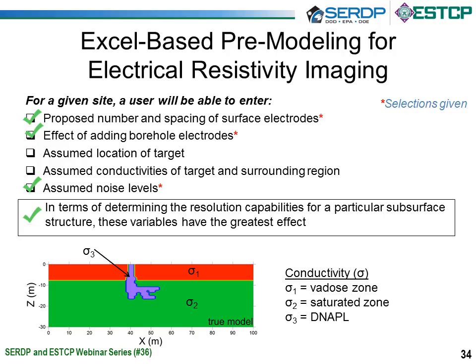So we're developing another Excel-based tool which allows us to do simple modeling of targets. So you can assume a little bit of geology, you can add a target that you're looking for, you can place it at different depths, and you can play around and get a feel for whether it even makes any sense to be using this particular geophysical method.